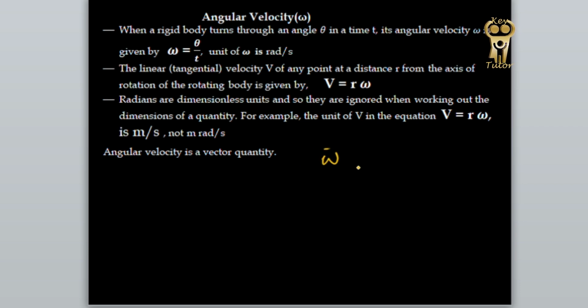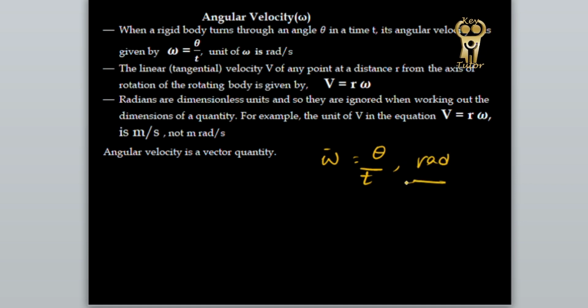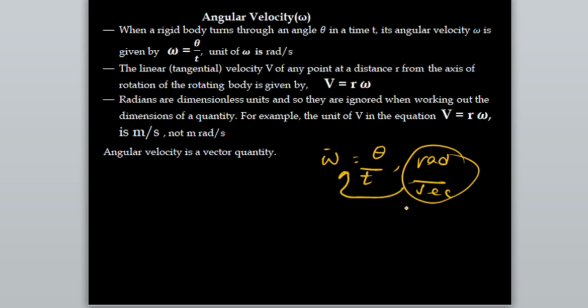Angular velocity omega equals angular displacement over time. The unit of angular displacement is rad and the unit of time is second, therefore rad per second is the unit of angular velocity.